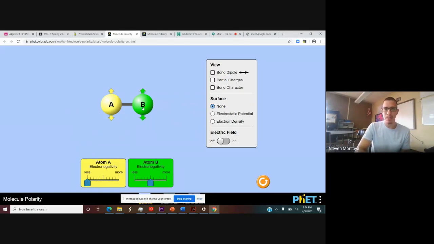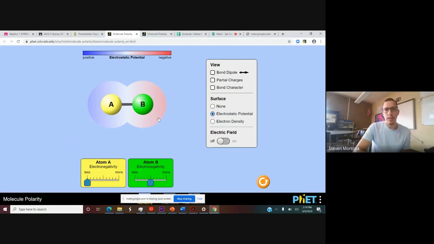I'm gonna get rid of these arrows, okay? And I'm gonna turn on electrostatic potential. Okay, so I click off bond dipole and I turn on electrostatic potential, right?